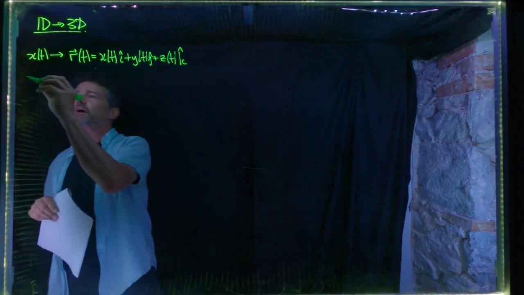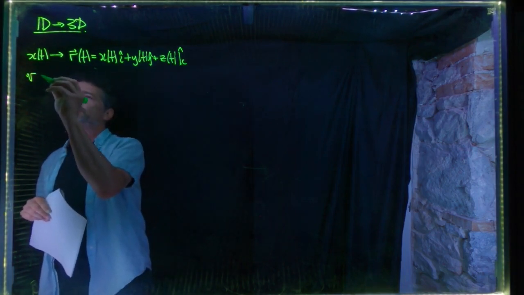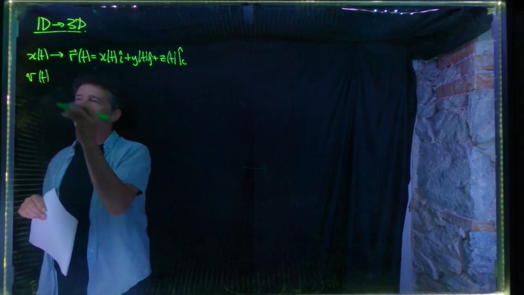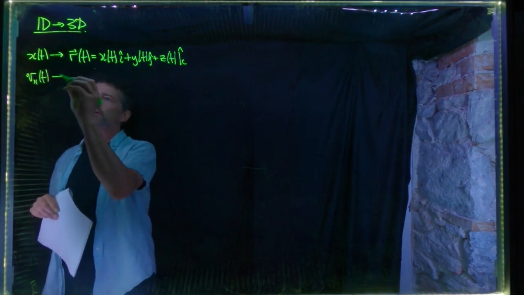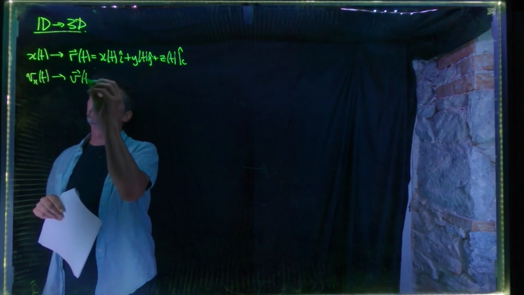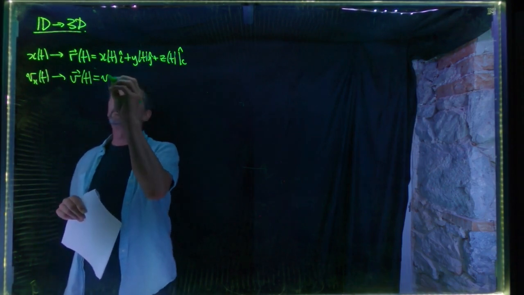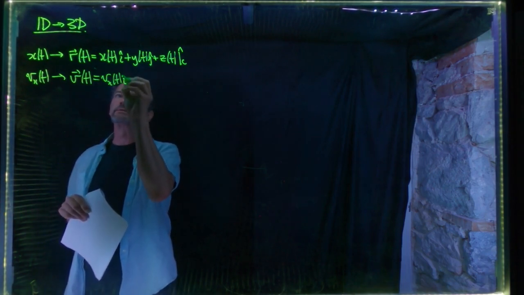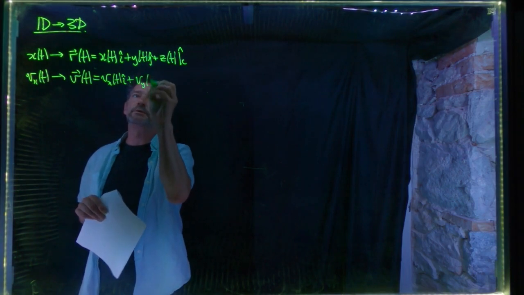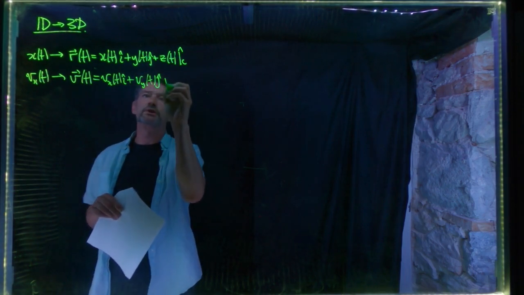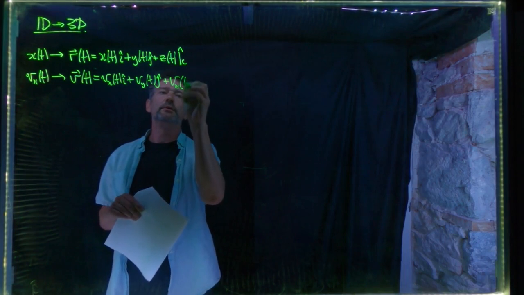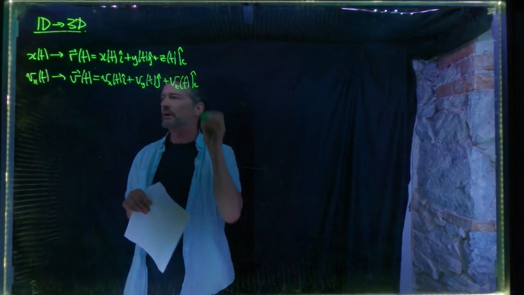And similarly, our velocity, which we were just referring to as v of t, is really v x of t, goes to a full three-dimensional velocity vector, whose x component is v x of t, and whose y component is v y of t in the j hat direction, and whose z component is v z of t in the k hat direction.